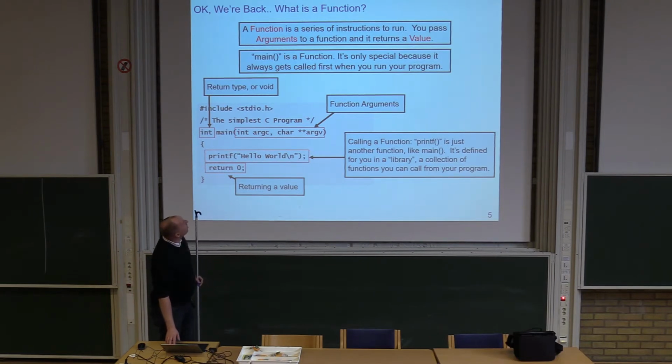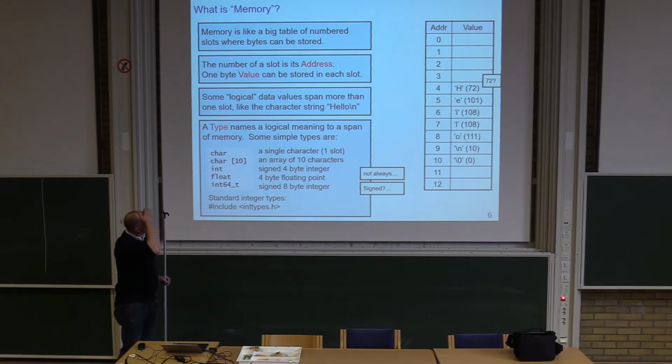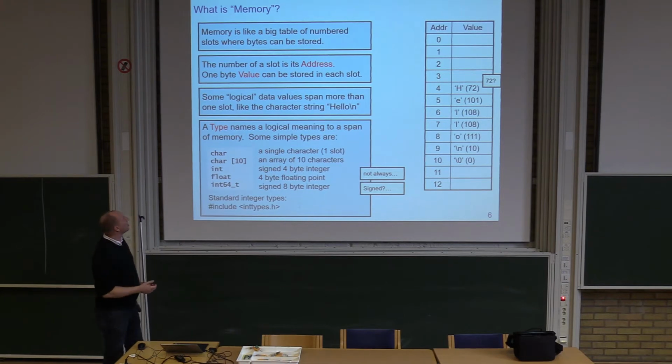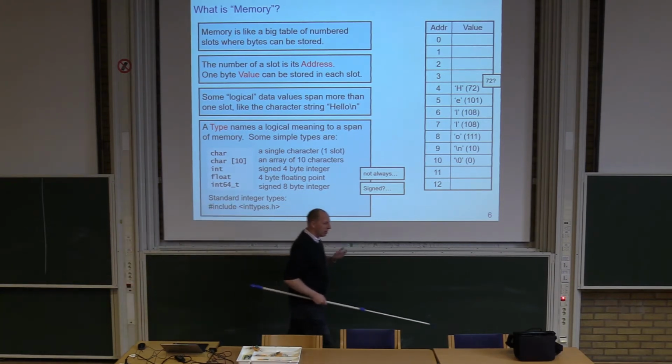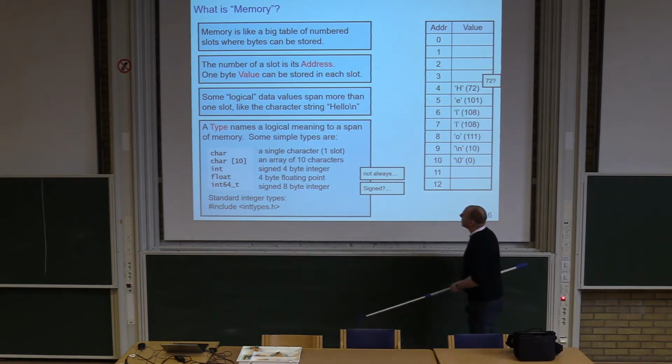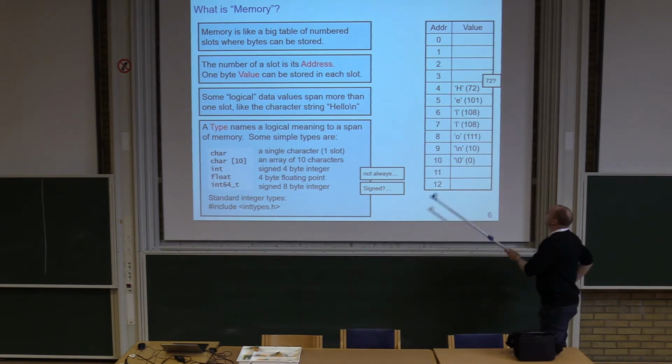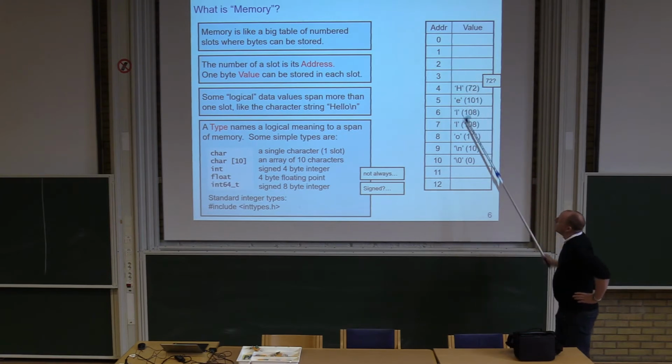Okay, what else? We started to talk about the memory last time. So how can we think about the memory? One way to do it is just to think about it as a big table here with different addresses, and then you can have different values inside each address here.